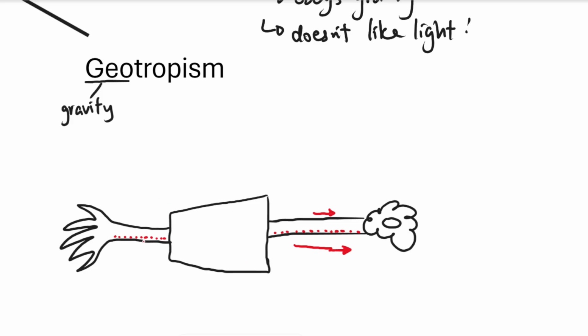Roots don't really like having high levels of auxins. If it's just a small amount of it, it will then encourage the roots to grow. However, if there's too much of it, it actually inhibits the root growth. So therefore, the bottom part of the root, which has more auxins, is actually going to grow less, whereas the top part that has less auxins would instead be encouraged to grow.